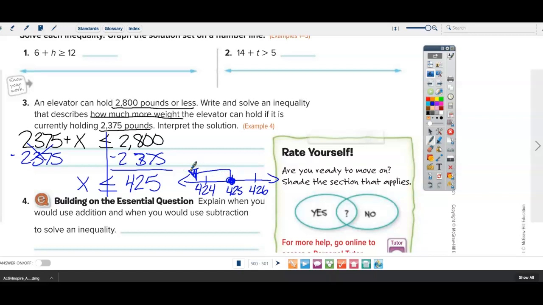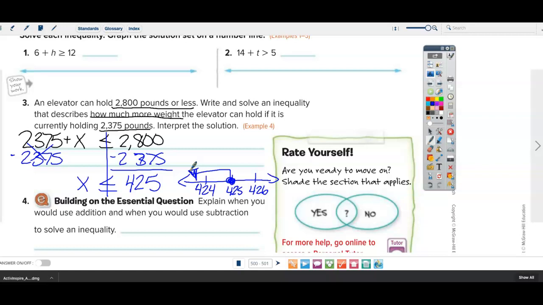If I'm interpreting the solution, I would say that you can have no more than 425 more pounds. The book says it can hold 425 pounds more. The elevator can hold 425 more pounds or less than that. So that is how you would interpret that solution.